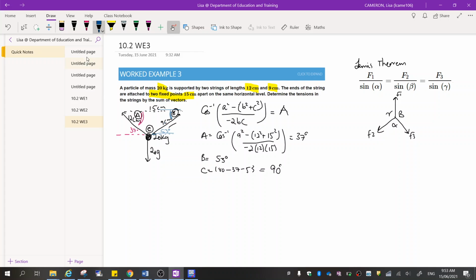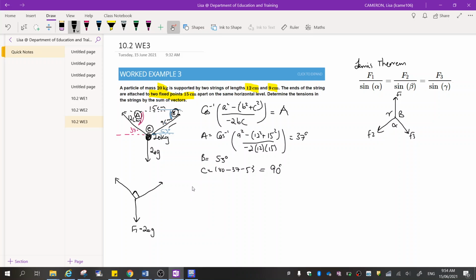Okay, so I'm going to redraw the diagram just so I can clearly see what information I've got here. All right, so this one here, we'll call it force 1, is equal to 20 times G, which is 9.8. And the angle up here is 90 degrees.